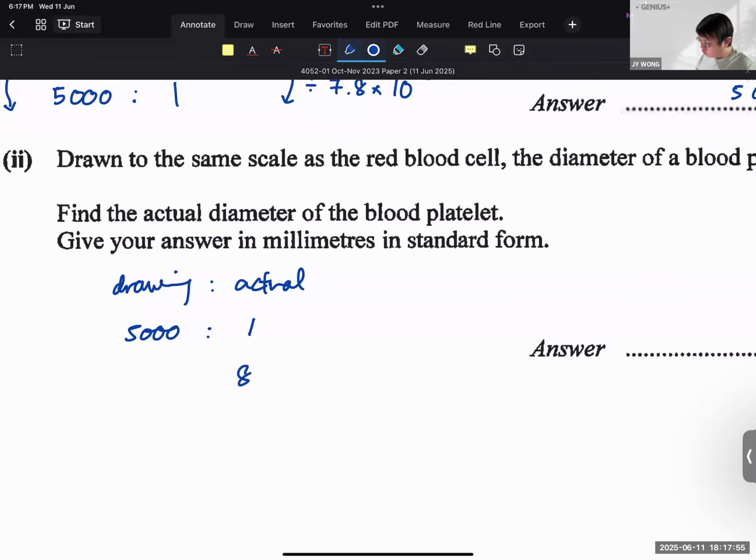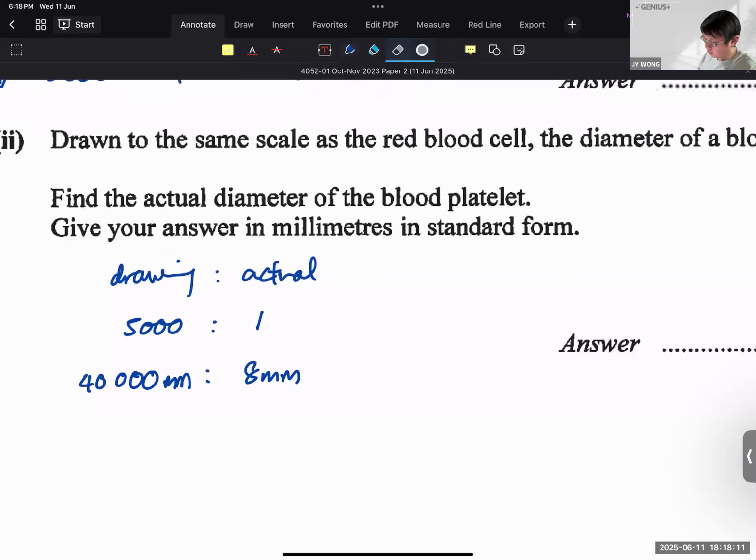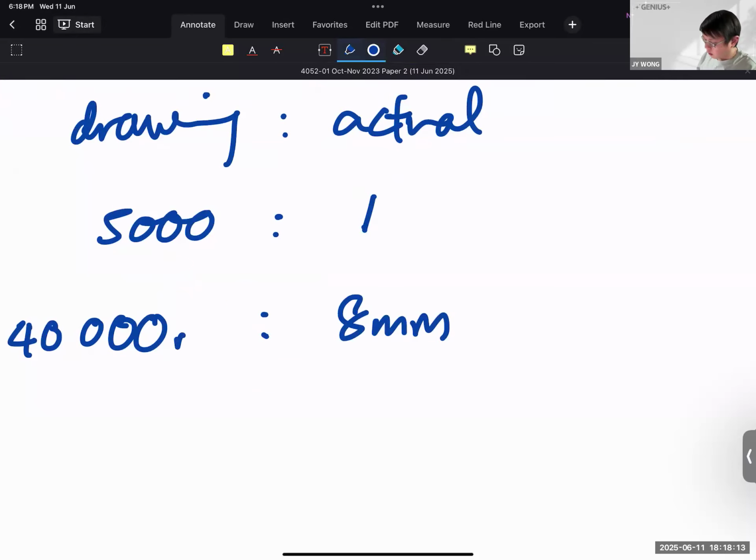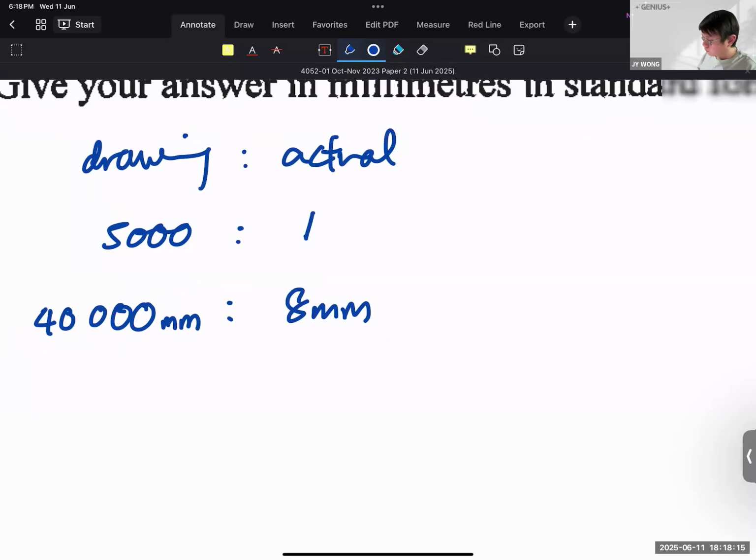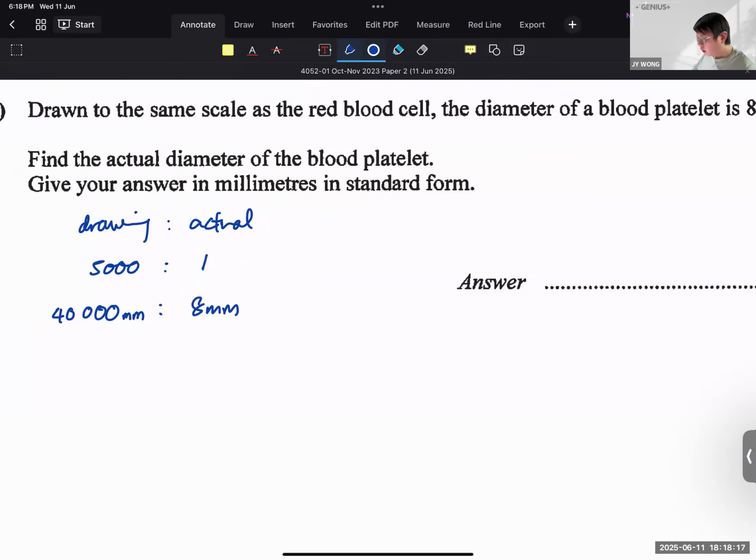So you can just put this in mm, and this will give me 40,000 mm with the unit. 5,000 to 1 does not have a unit because the unit is the same and therefore they cancel out. As long as they are the same units, you can just replace the units. Therefore, your actual diameter is 40,000 mm because you need to times 8.